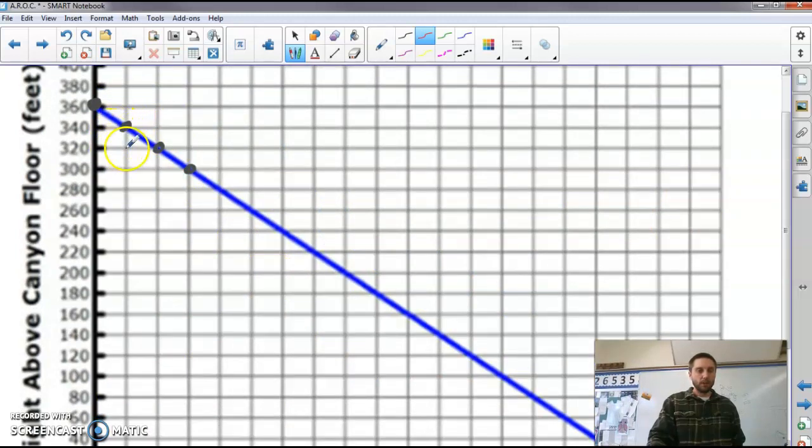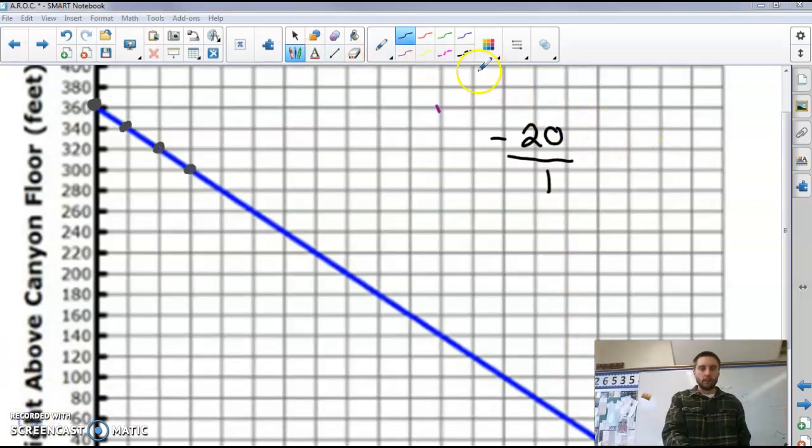So I went down 20 and then over 1, so my slope would be negative 20 over 1.